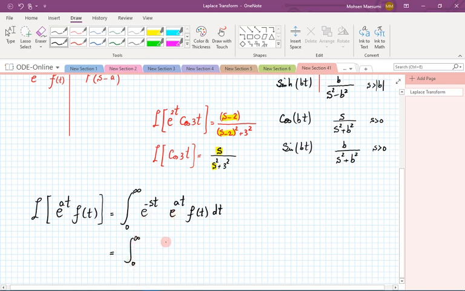Well, it makes sense to combine these two. So I have e to the power of, let's factor, s minus a times t. I just combine these two by the rule that b to the power of m times b to the power of n is b to the power of m plus n. This is just that rule.